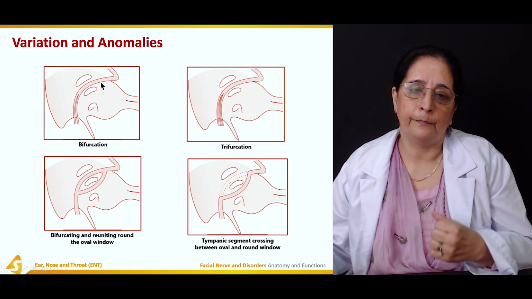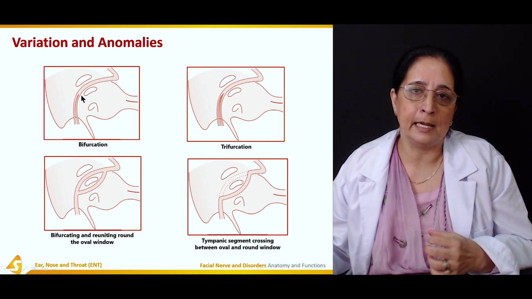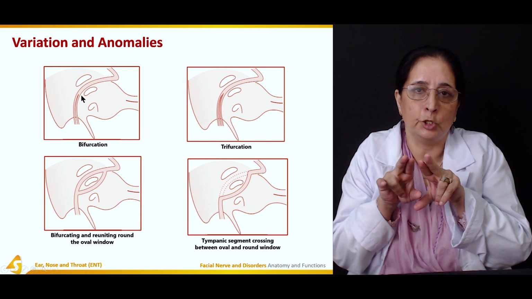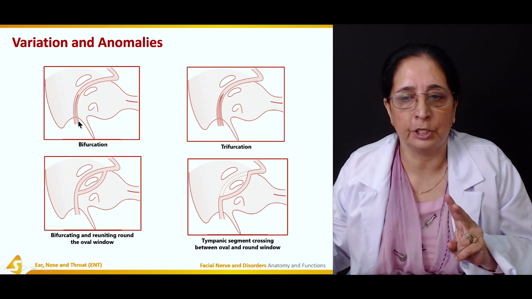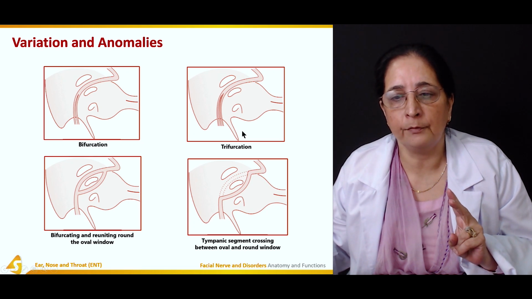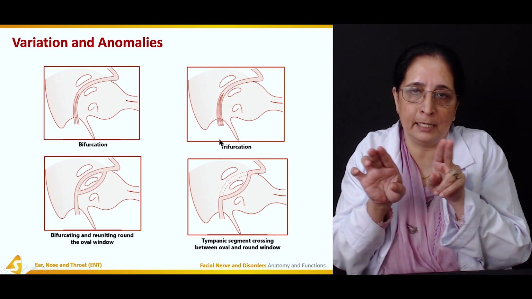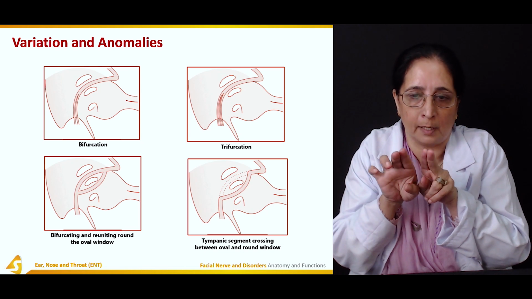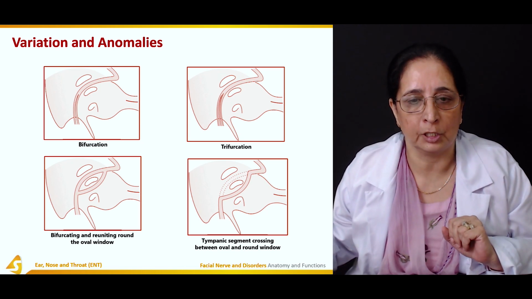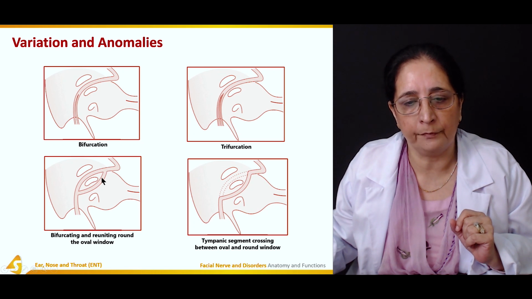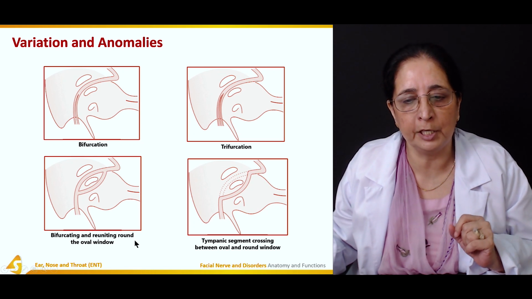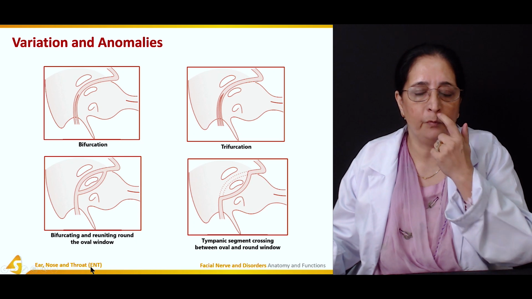The facial nerve at the end is bifurcated into two branches. Then we have trifurcation. It's branched into three parts. Another complication can be if there is bifurcation and reuniting around the oval window.